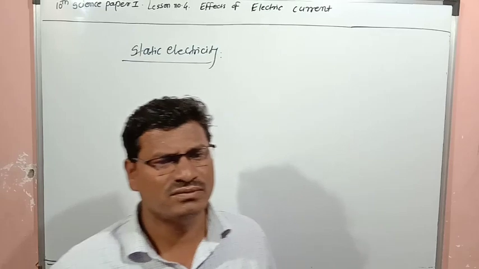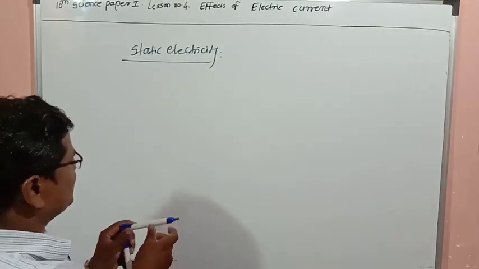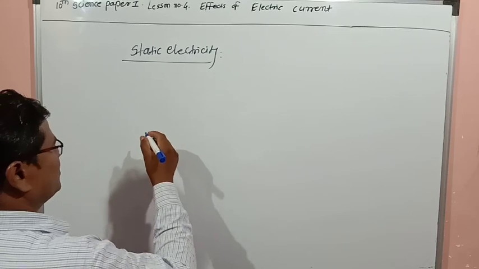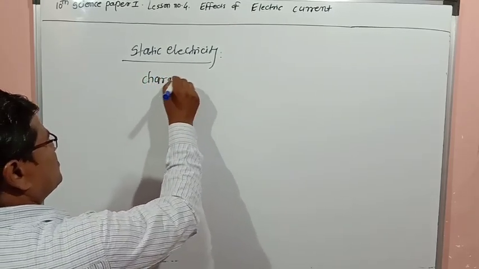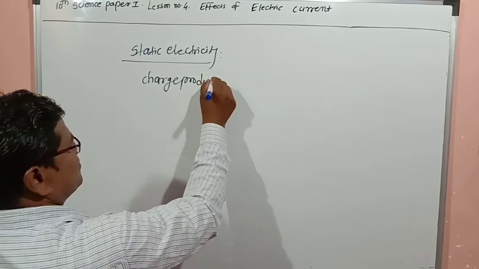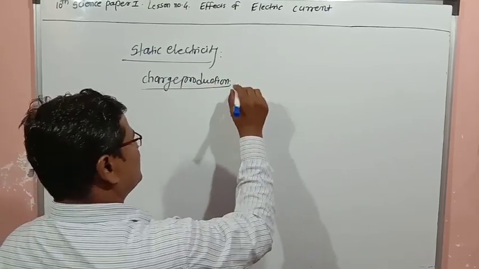Next, how is that charge produced, or how is that charge transferred? In charge production, or transfer of charge, there are three ways.